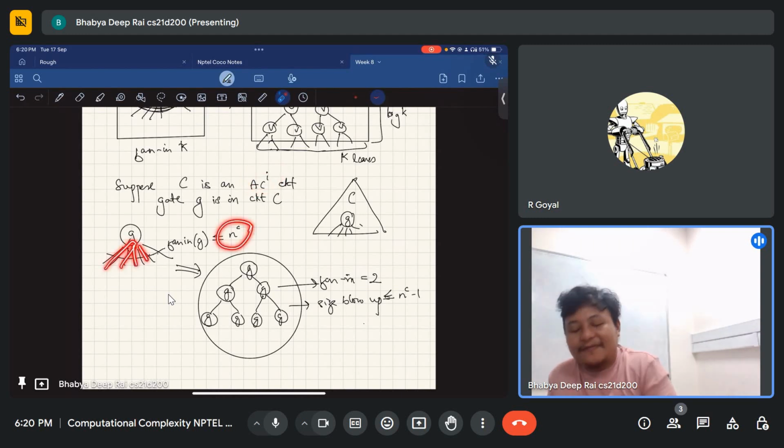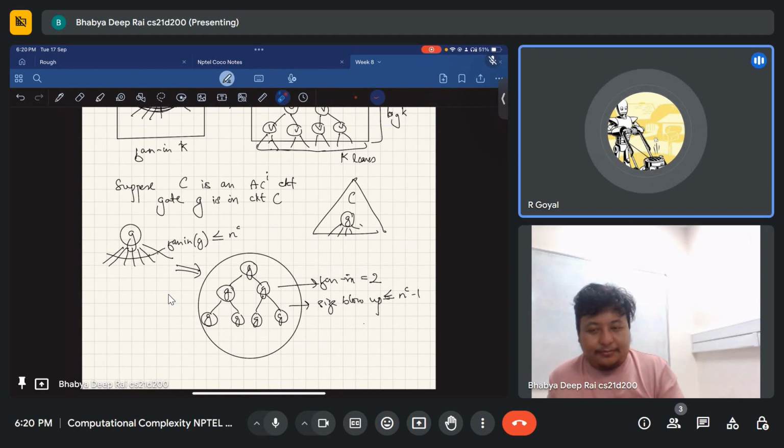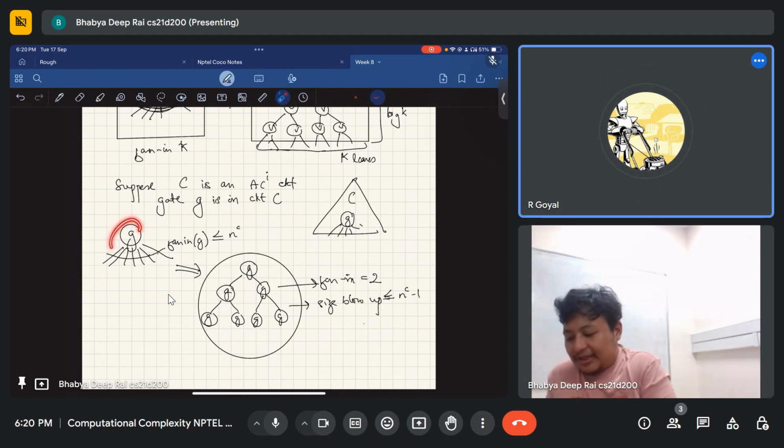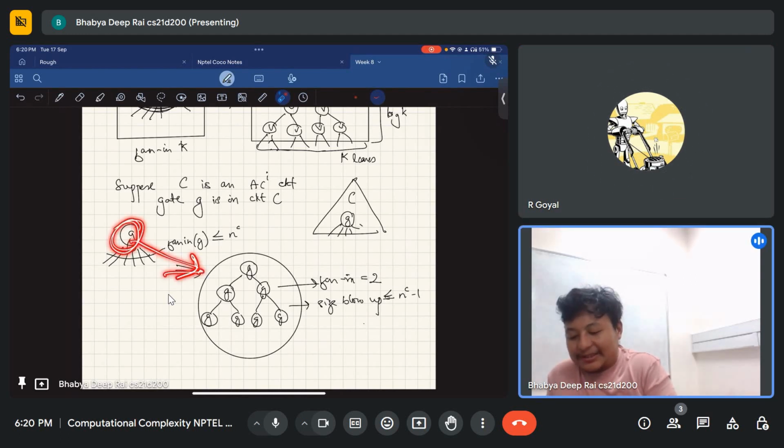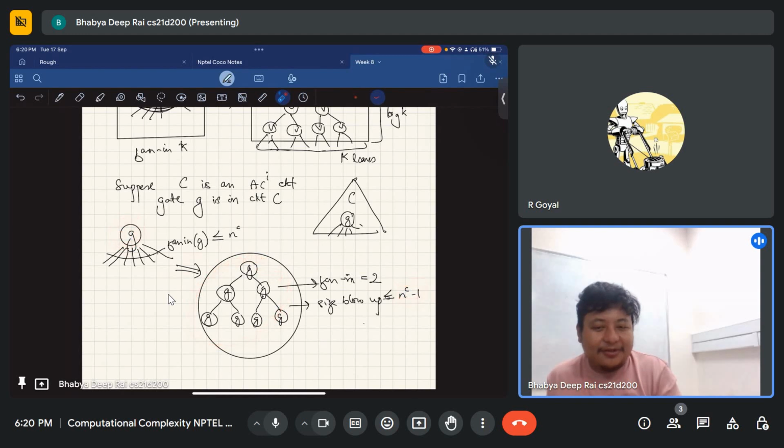It could depend on n also. It may not be bounded by a constant. So for each gate you are doing this process, and from one single gate you are getting at most n to the C minus 1 many gates.